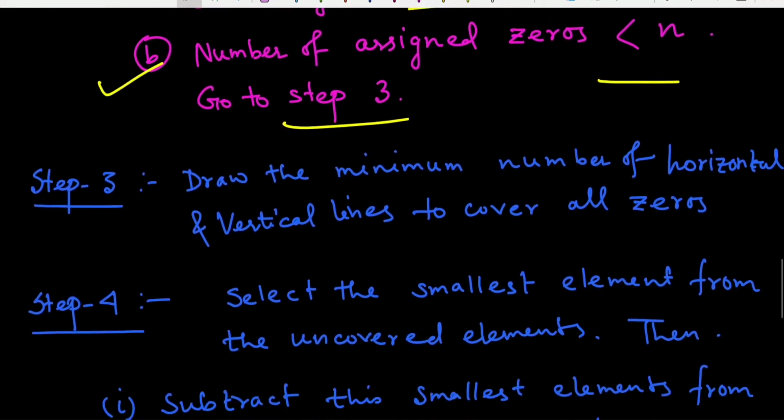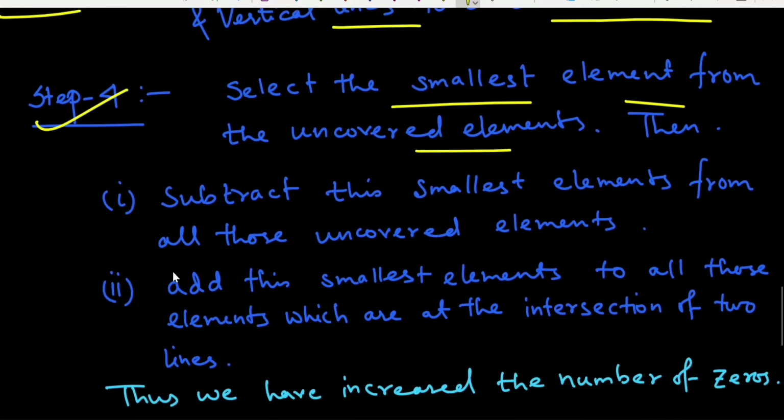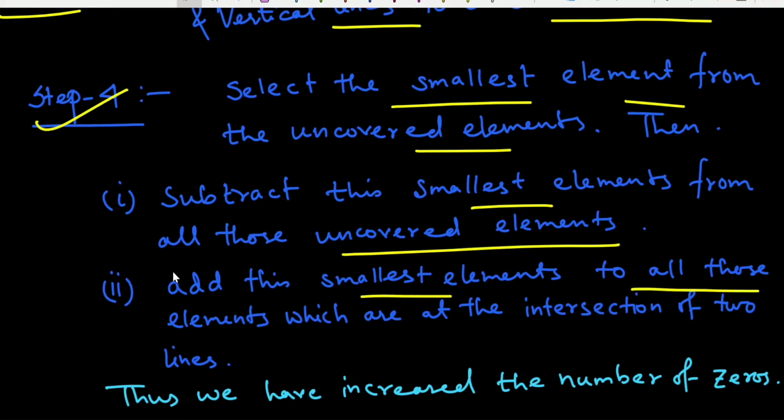Step 3 says that draw the minimum number of horizontal and vertical lines to cover all the zeros. Step 4, select the smallest element from the uncovered elements and then subtract the smallest element from all the uncovered elements and add this smallest element to all those elements which are at the intersection of two lines.